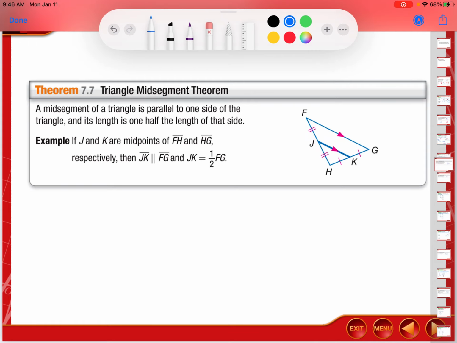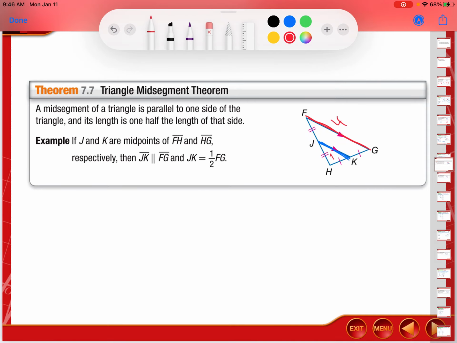So essentially what this is saying is if JK, this blue line in the middle, is a mid-segment, then it cuts FH in half, it cuts HG in half, and then it itself is half the length of FG. So it just cuts the triangle into halves pretty much.